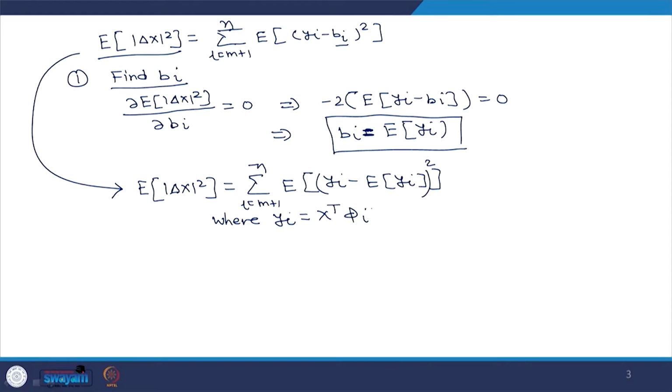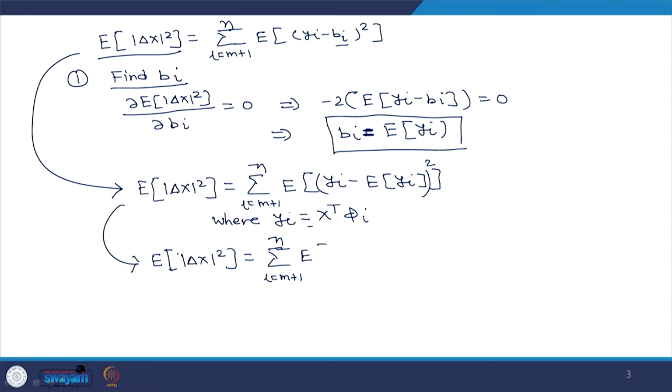So, substitute this value here. Then I will be having E of delta x square equals to summation i equals to m plus 1 to n, and then I am putting this value here.